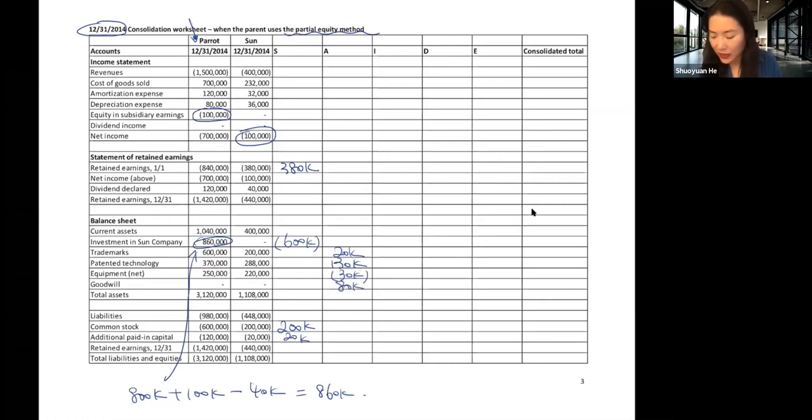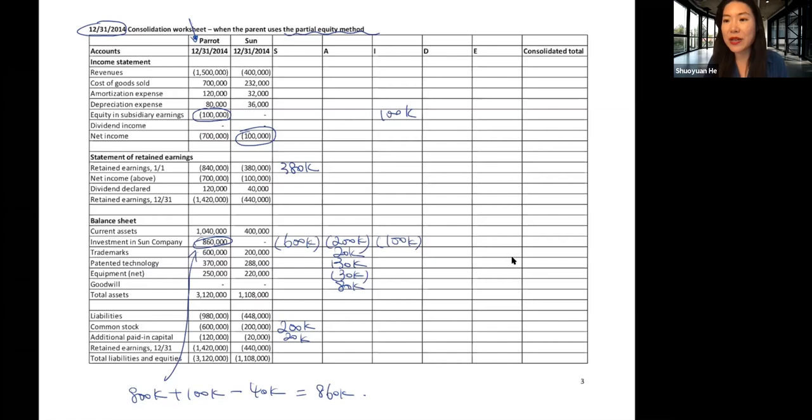And so the investment account goes down by 200,000 accordingly. Consolidation entry I, we use it to eliminate the subsidiary's income recognized by the parent. So equity in subsidiary earnings is 100,000. To eliminate it, we debit 100,000, and then we decrease the investment account by 100,000.